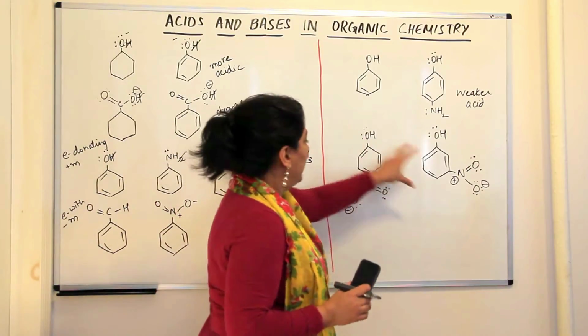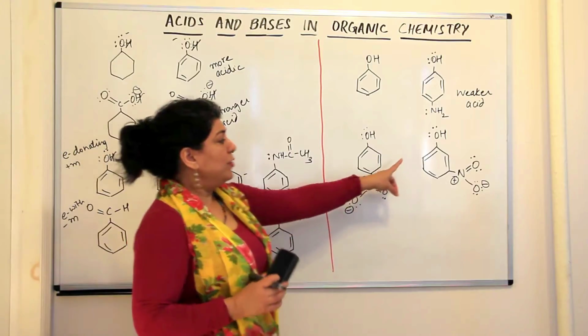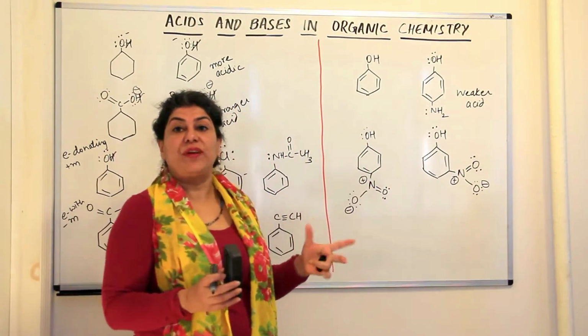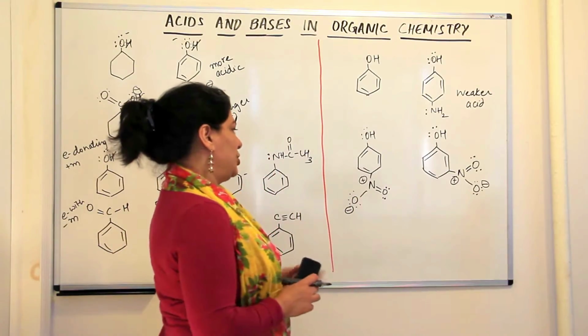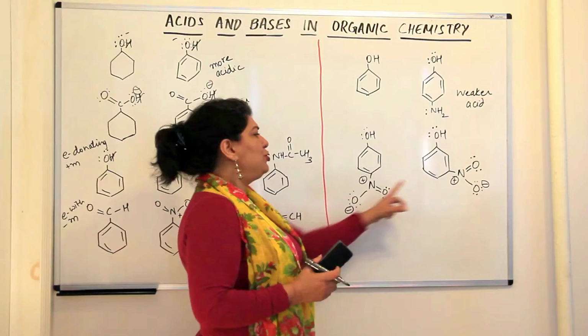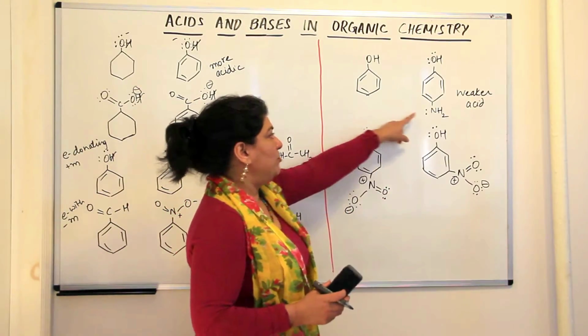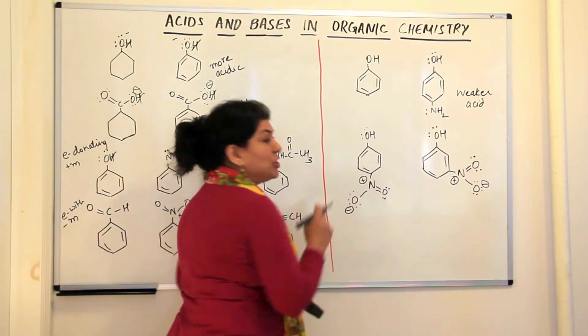Now let us take a look at NO2. NO2 at the para position and NO2 at the meta position. Well, how would it affect the acidic strength of phenol now with the presence of NO2 on these two positions? If you really look at it, NO2 has the same structure. Unlike the nitrogen of amine, the nitrogen of NO2 is positively charged.